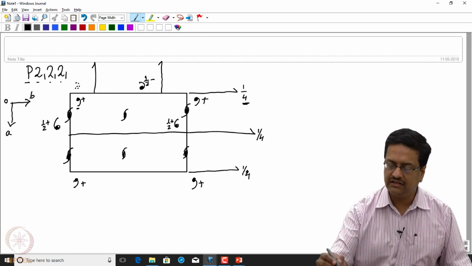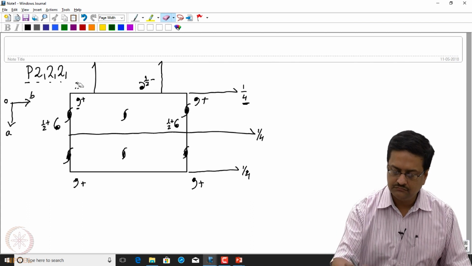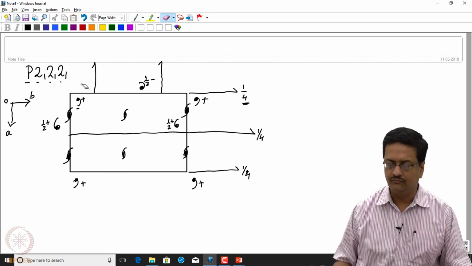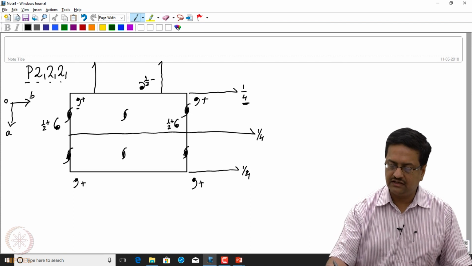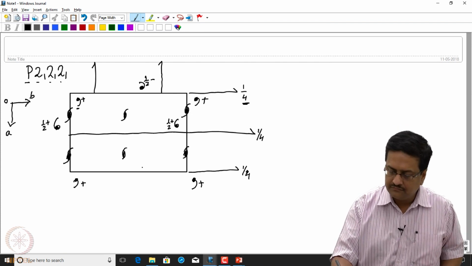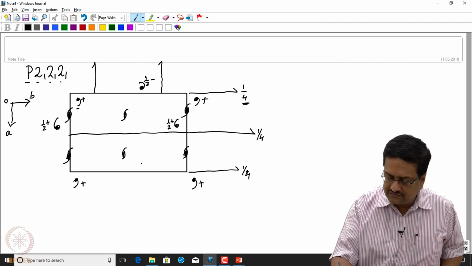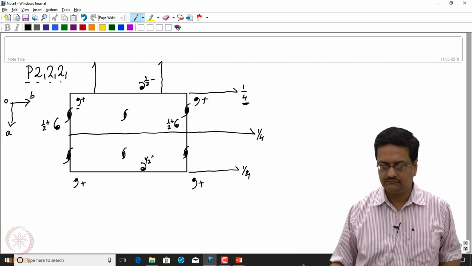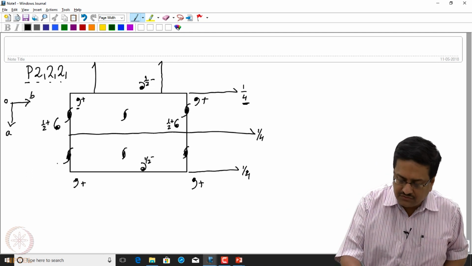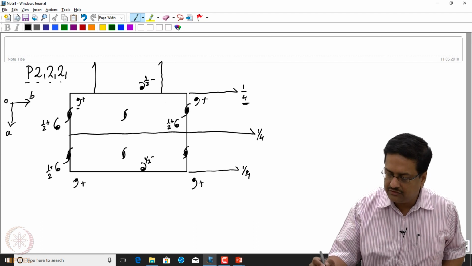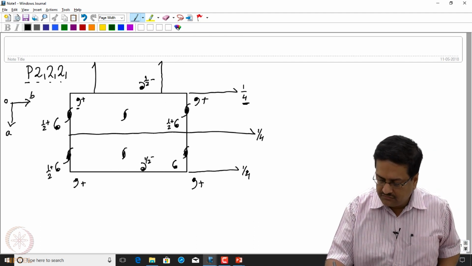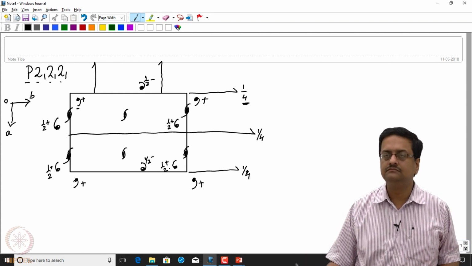So we have it minus. Now if we translate that object inside the unit cell, it appears at this point. So what we have got are the equivalent points for the 2-1 screw.